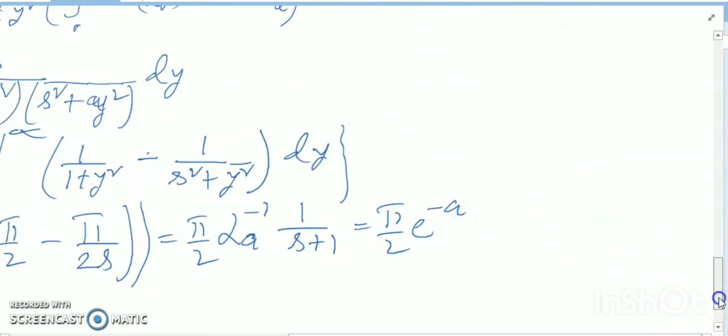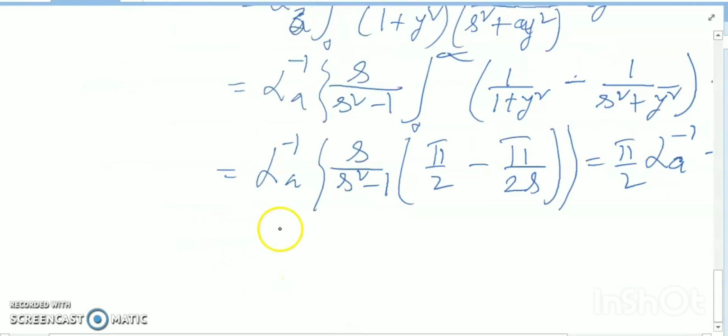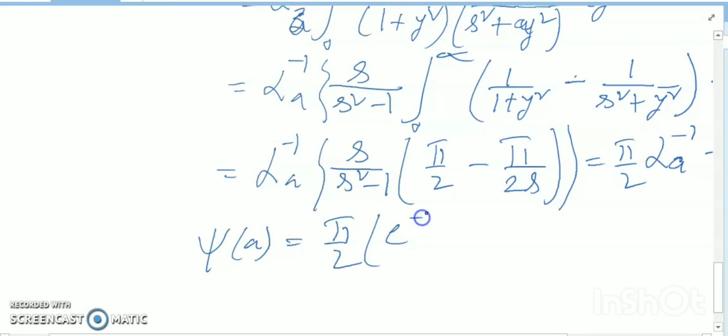So friends, I have already proved this type of integration in my video. So my psi(a) value equals pi by 2 e to the power minus 2a Ei(a) minus Ei(minus a).